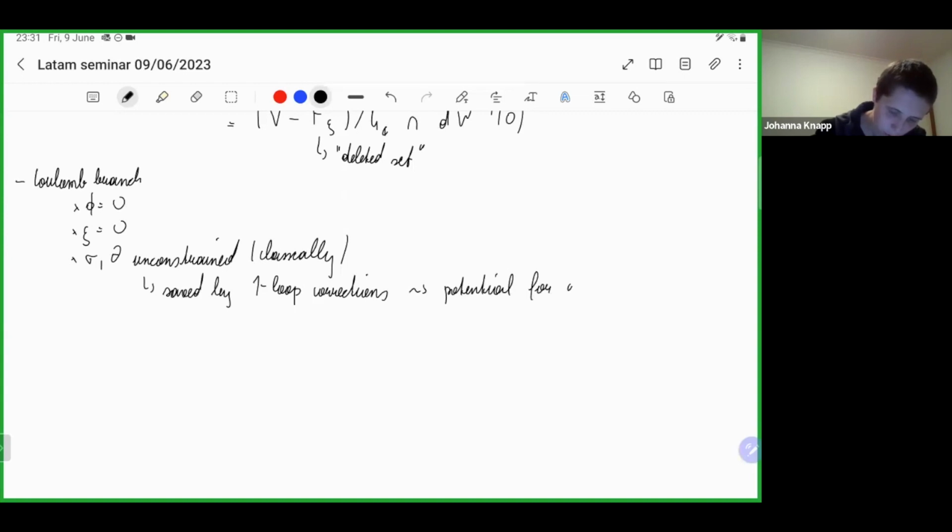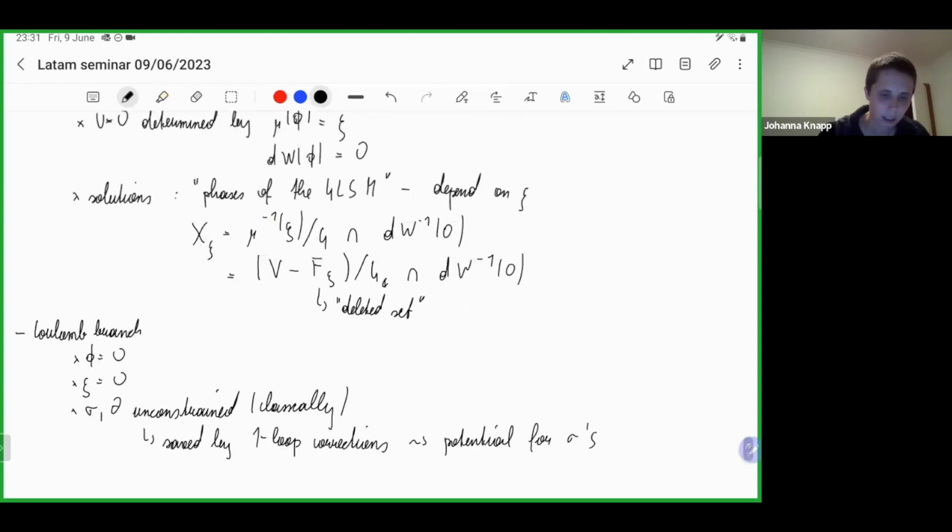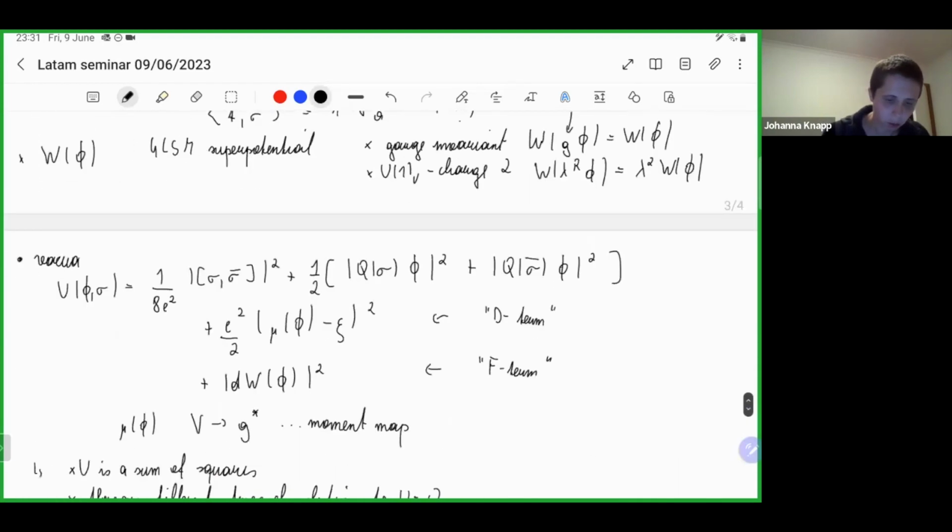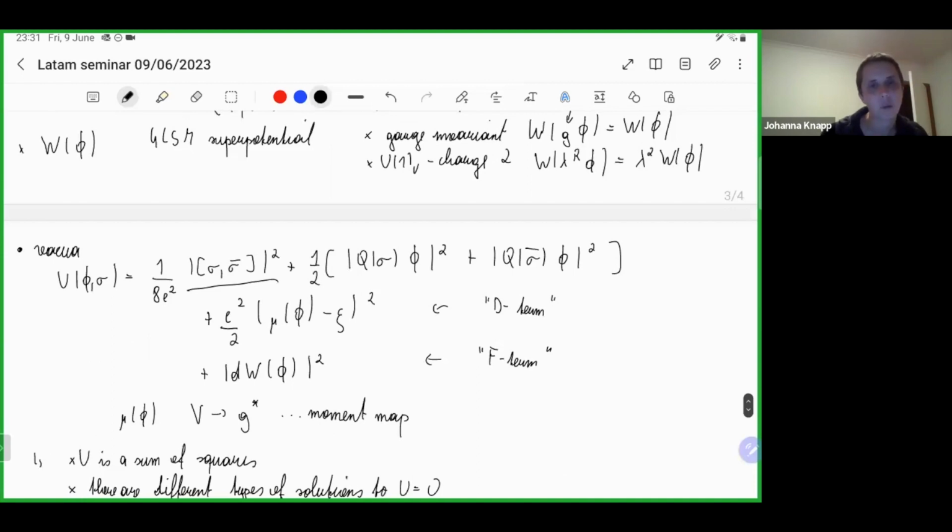which give a potential for the sigmas. And it's called the Coulomb branch because already this first term here tells you that whatever gauge symmetry you have is broken to a U1 symmetry, because only then the sigmas, which are Lie algebra valued, will commute. And so you have a U1 theory there that's describing Coulomb type interactions.